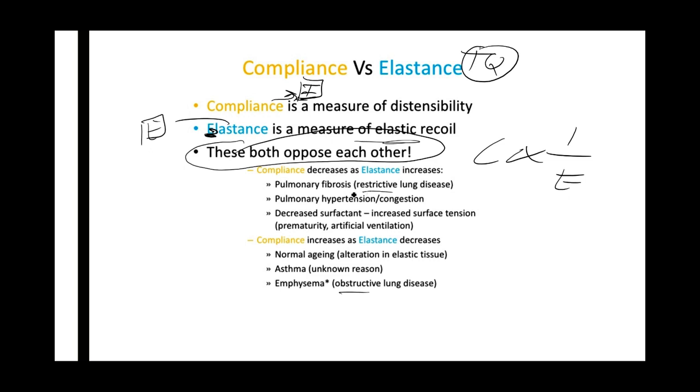So in the case of a fibrosis, like a restrictive lung disease, remember, restrictive lung disease, you have trouble getting air in. And remember, compliance, think of it related to inspiration. So you're going to have decreased compliance in restrictive lung disease.